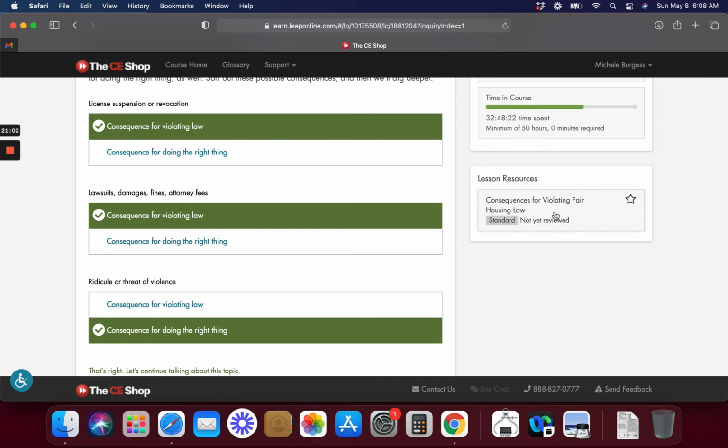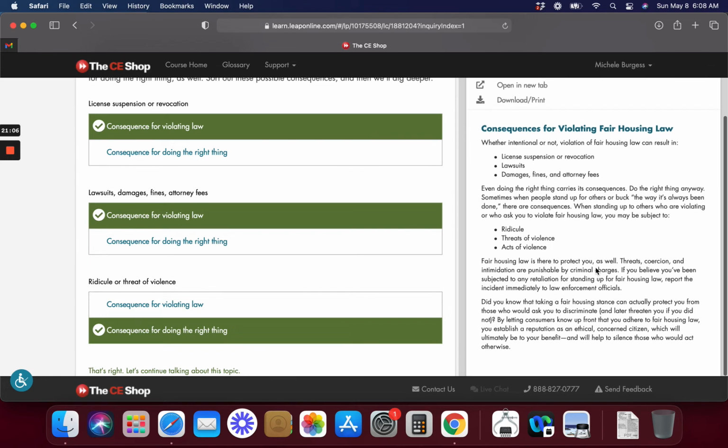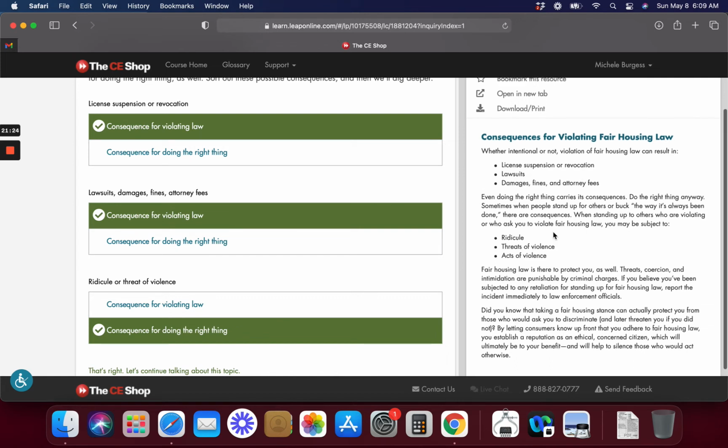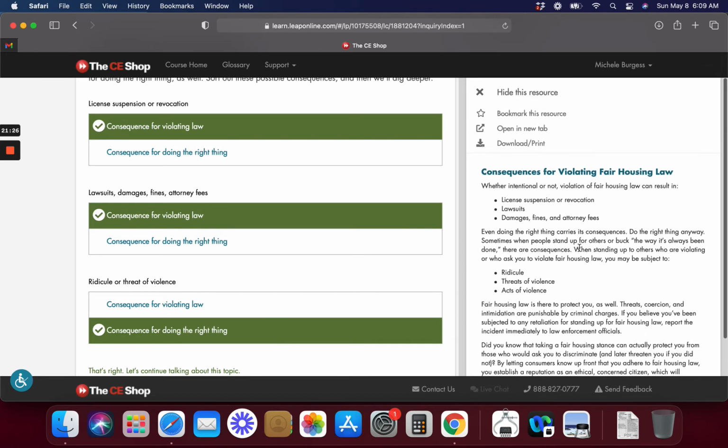So if you need a screenshot, there you go. If you violate anything, this is what's going to happen. You might get a lawsuit, you might get damages, you might lose your license or get it suspended for a while. A broker is probably not going to take you back in if you got any of this kind of trouble associated with you. It's just too risky for them because they could have to pay a fine.